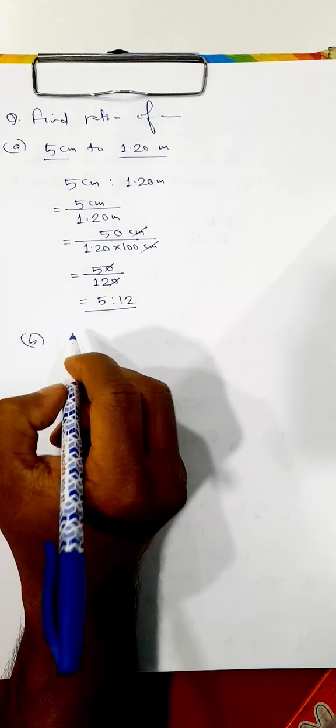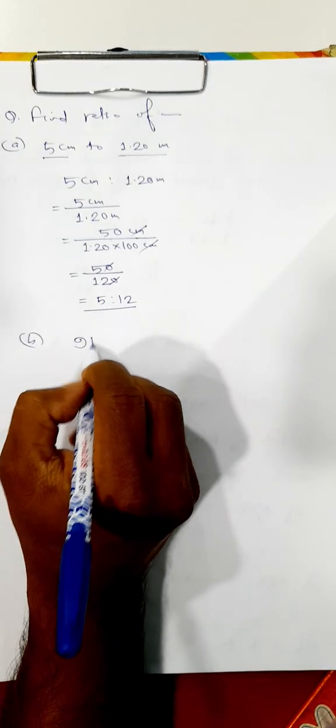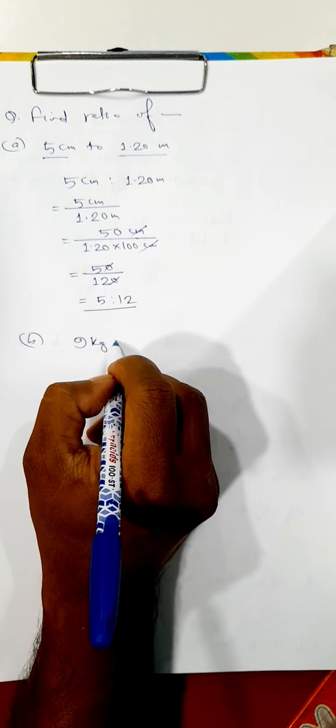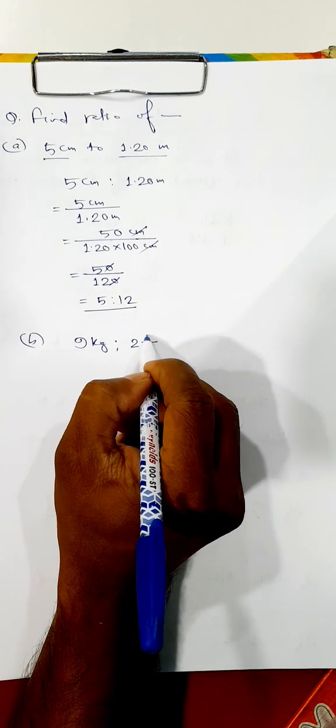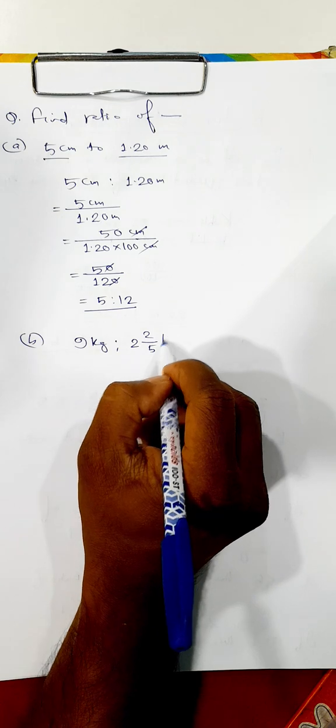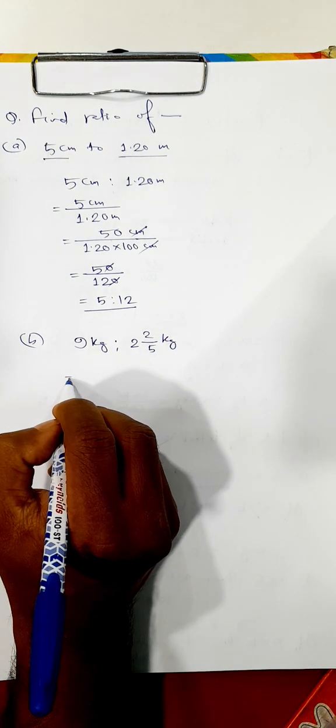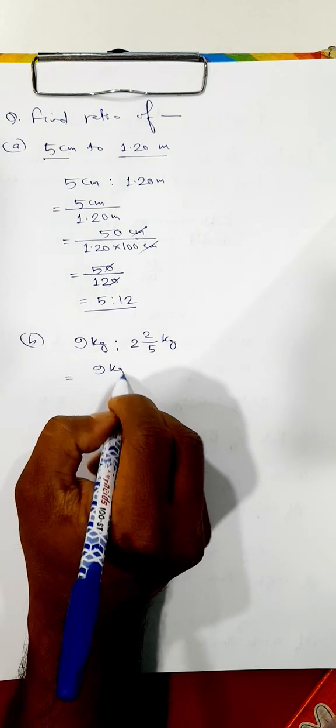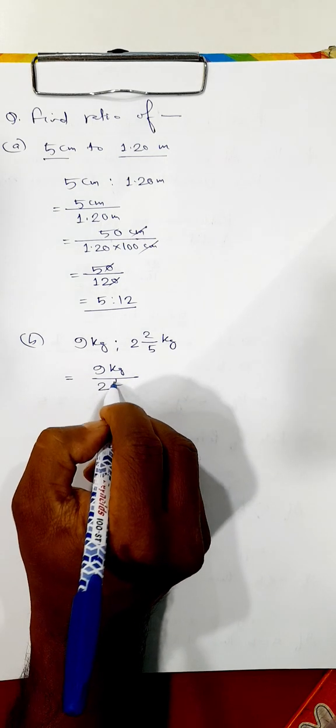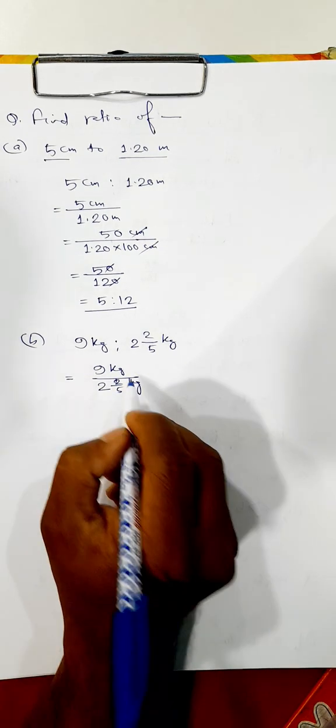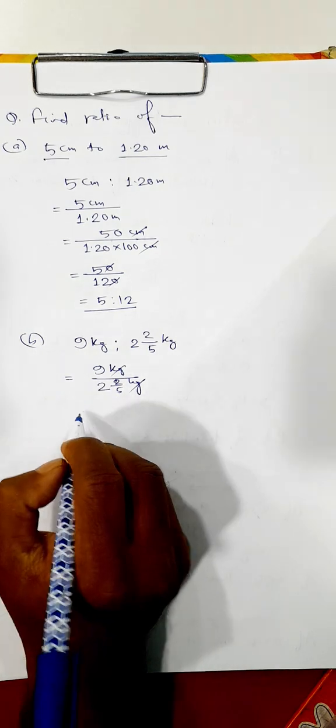Similarly, say for example, 9 kilogram is to 2 and 2 by 5 kilogram. This equal to 9 kilogram divided by 2 and 2 by 5 kilogram. Here units are same, they will cancel each other.